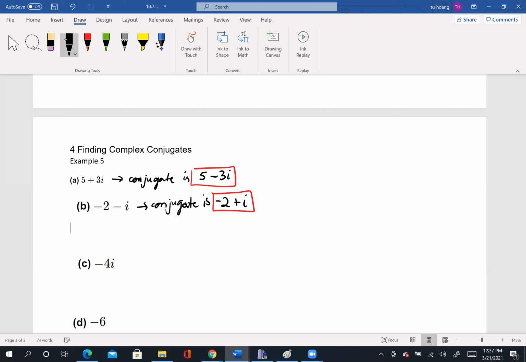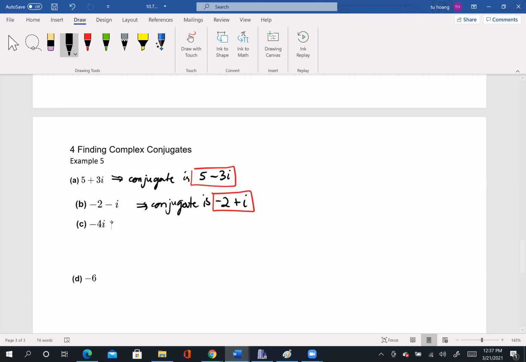Okay, so maybe I have to make this one a little bit smaller. So now I have negative 4i, and I'm looking for the conjugate.